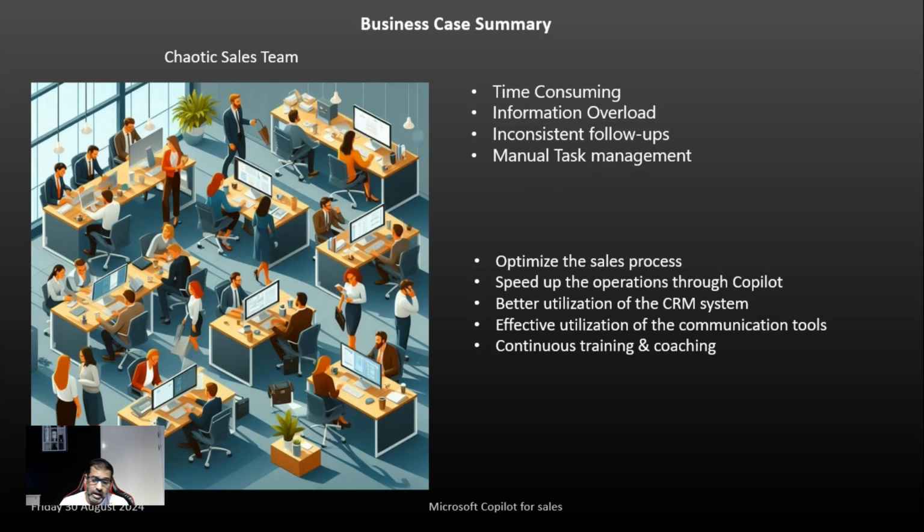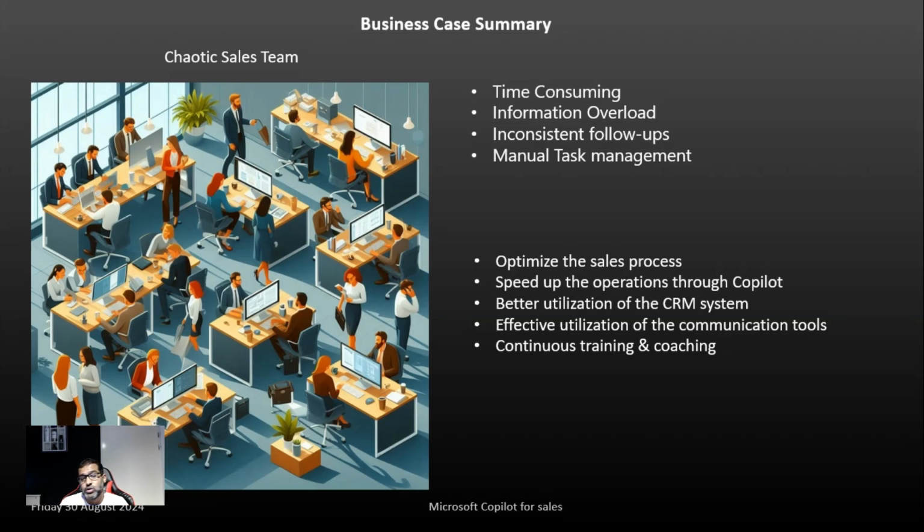Also, consider the number of emails they receive back and forth. They will have a sheer volume of data for different customers, and they will have a lot of challenges in processing it. That leads to information overload and difficulty in prioritizing tasks. For example, if you receive 10 emails from different customers with multiple email chains, how are you going to handle that?